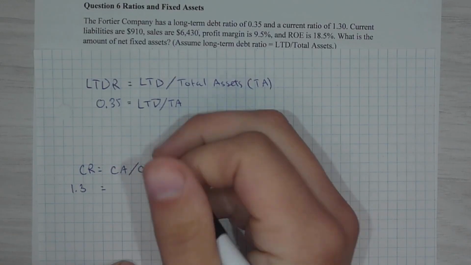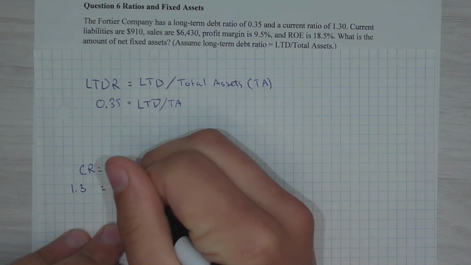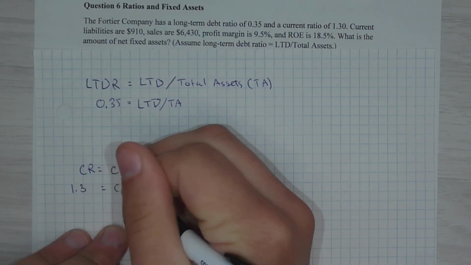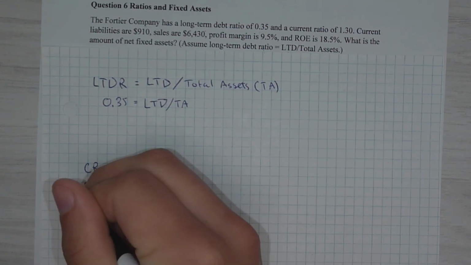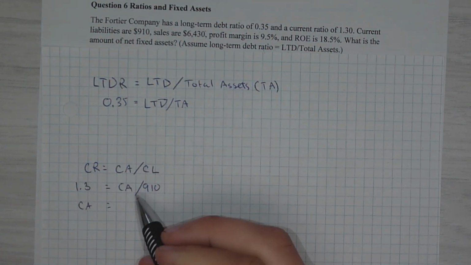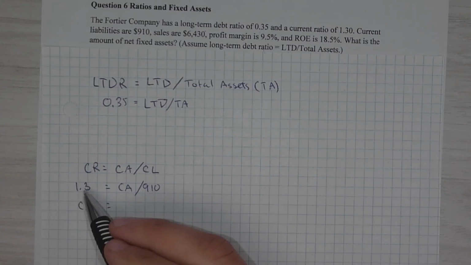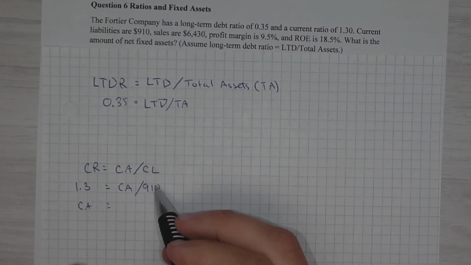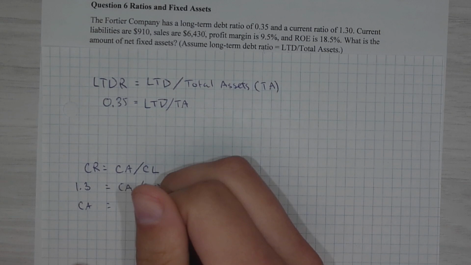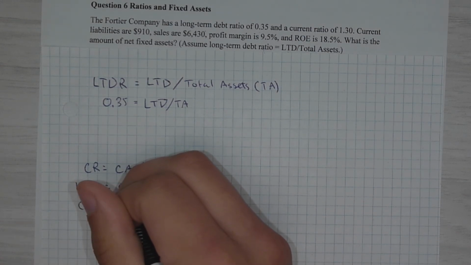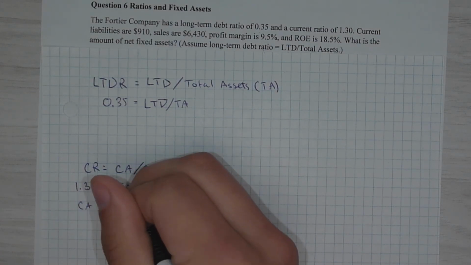Our current liabilities is $910. So we can solve for our current assets right now. Our current assets will equal 1.3 times 910, which will be 1,183.